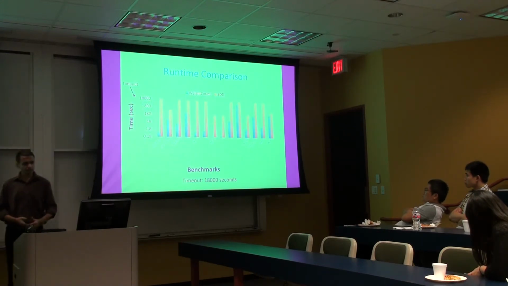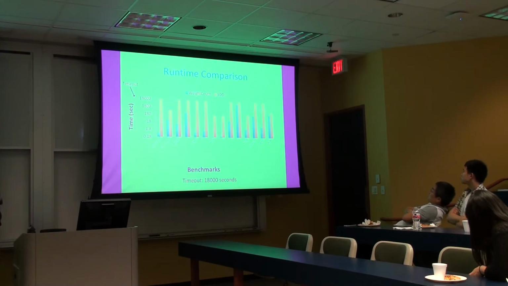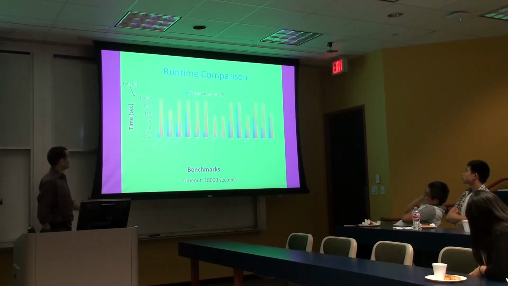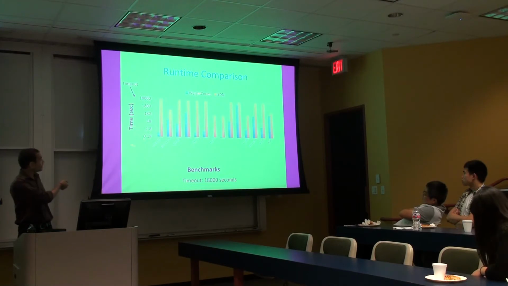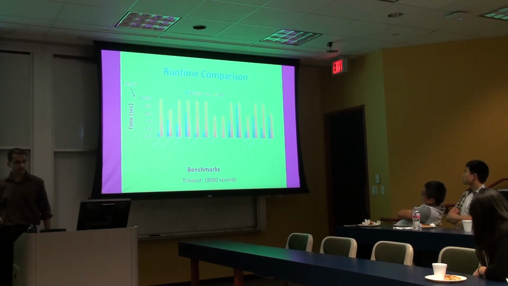How well do we do? So there should have been the names of benchmarks, but I could not figure out how to force PowerPoint 2016 to put those benchmarks. On the y-axis, I am presenting the time in log scale. On the x-axis, a lot of benchmarks.